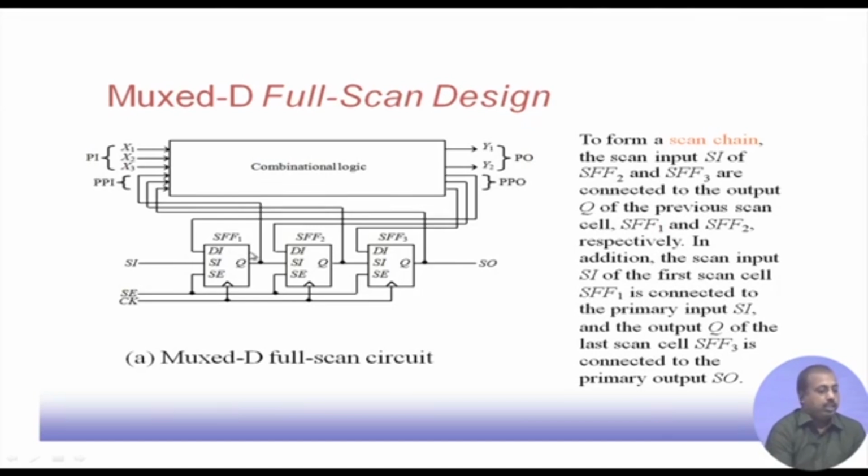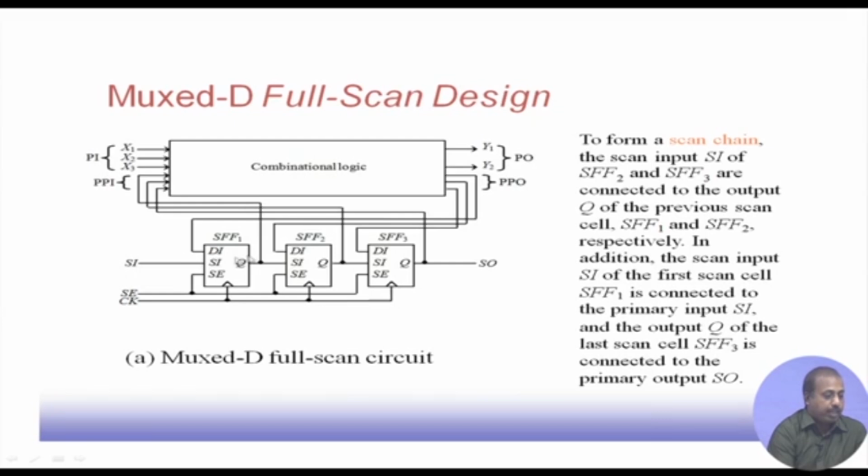The design of these scan flip flops we have seen beforehand. Now, as far as this combinational logic is concerned, it has X1, X2, X3 as inputs, plus the flip flop outputs coming in as inputs, which are pseudo primary inputs. Similarly, it generates the primary outputs and pseudo primary outputs.